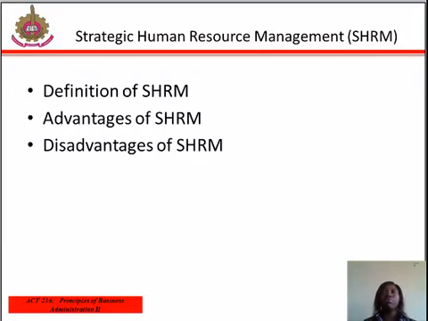There are also changes that take place in the organization structure, and there is diversity of workforce that makes it difficult for the management to handle them accordingly.